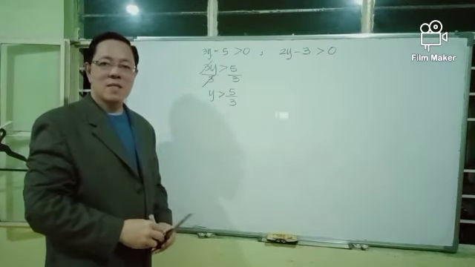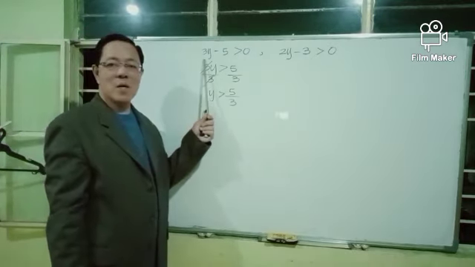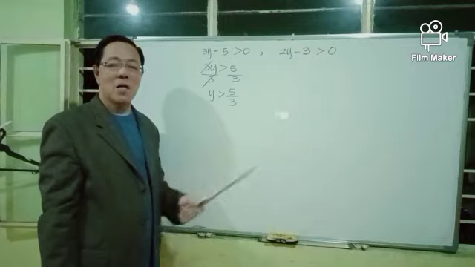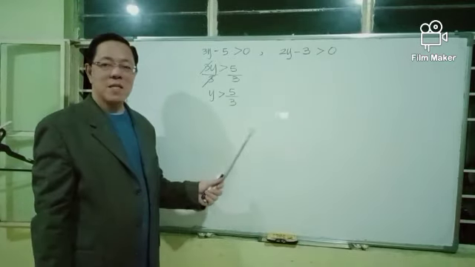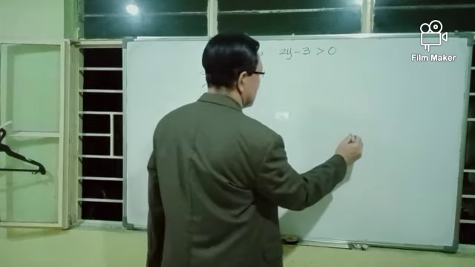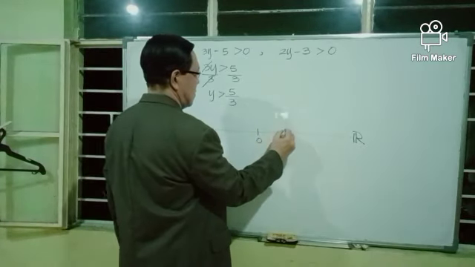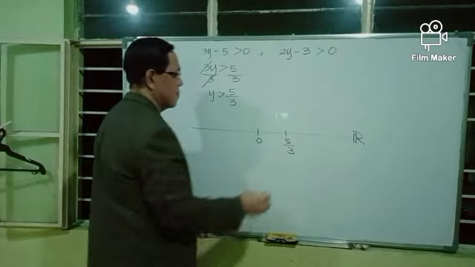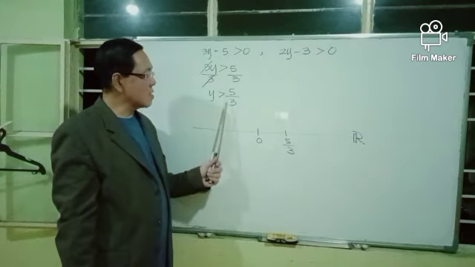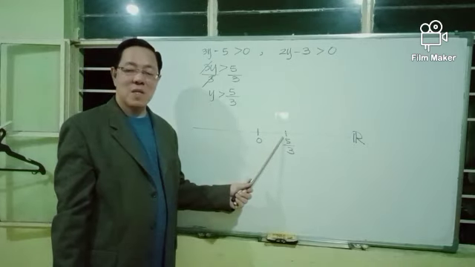And we represent this in the diagram. This is the solution of the linear inequality 3y minus 5 greater than 0. All the real numbers that are greater than 5 over 3 are solutions. And we represent this in the diagram or on the real line. This is our reference point, the origin 0, and because 5 over 3 is positive, it is to the right of 0, and we approximate 5 over 3.